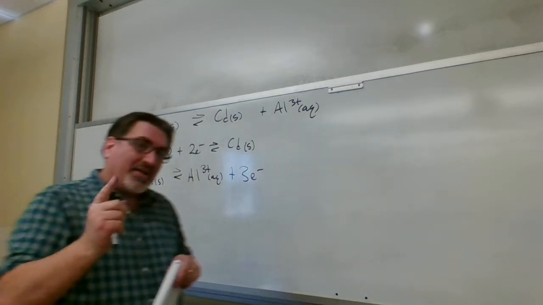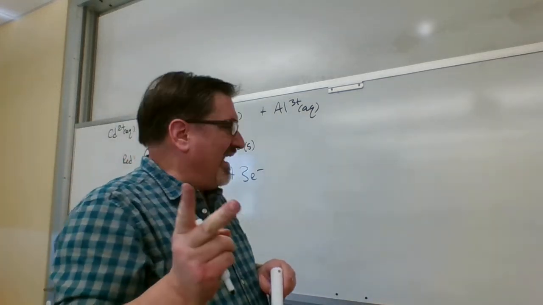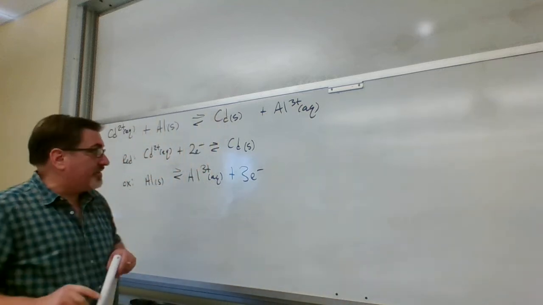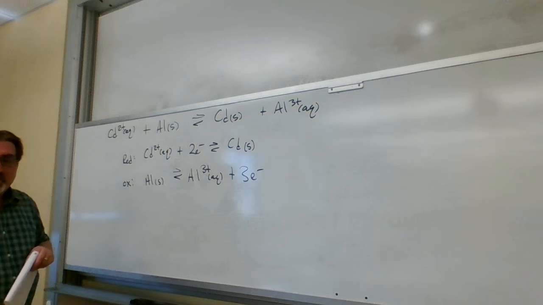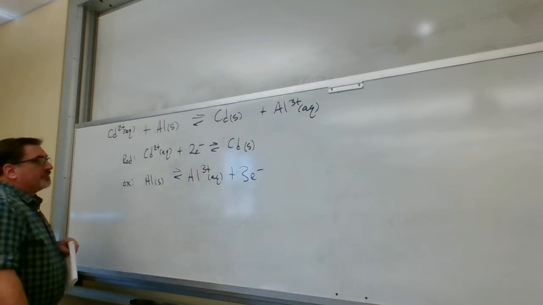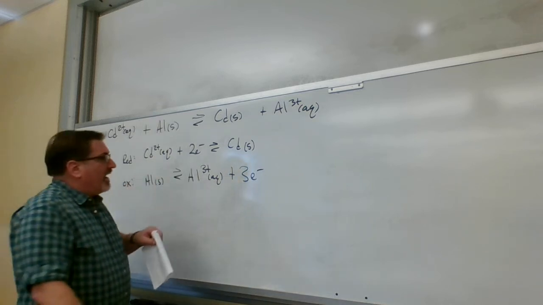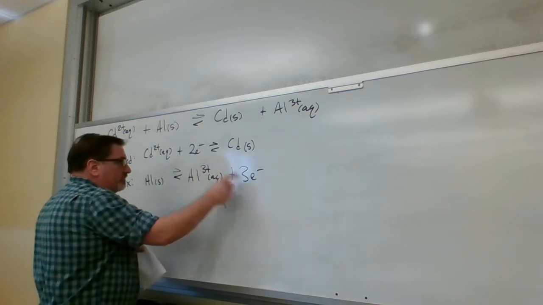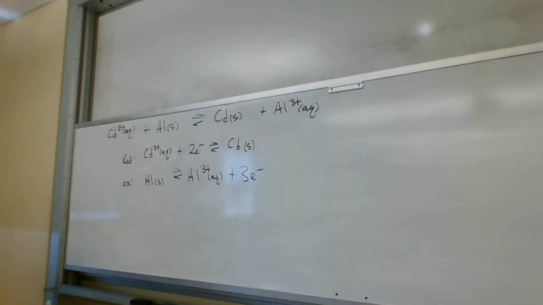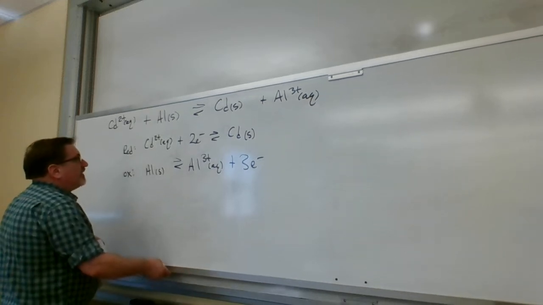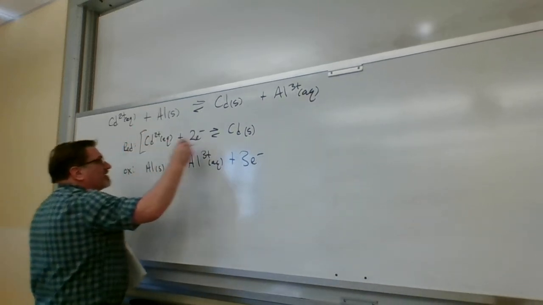So now we have to balance this process. Our job here is to balance the reaction and to calculate E0 for the cell at standard conditions. So we're going to do the balancing of the reaction part first. Then we'll look up our values in the table. Now we have a 2 and a 3 in terms of how many electrons are consumed and produced. We have to make the electron count balance. And to do that, we're going to have to take both of these and multiply them.